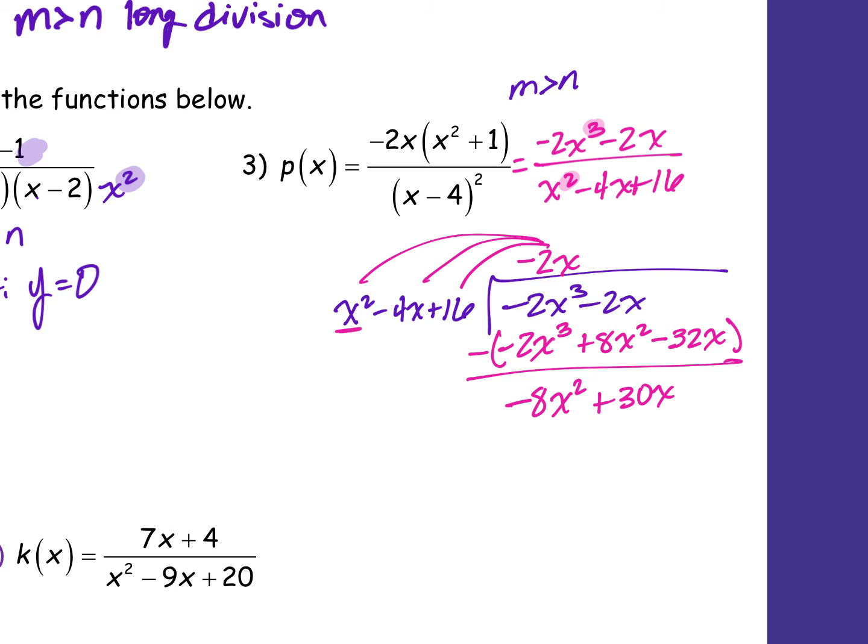Oh, hold on. This should be minus 8, because I multiplied wrong there. That should be minus 8. Sorry. Right? Because it's x minus 4 times x minus 4. So it should be x squared minus 4x minus 4x plus 16. So that should be minus 8x.